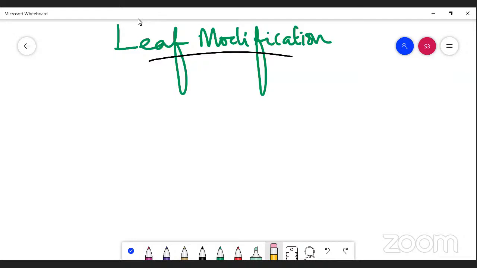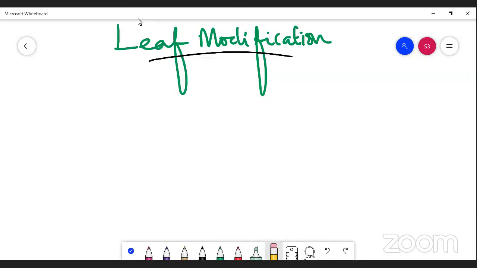That's why leaf is modified into different kinds, and that is called leaf modification.